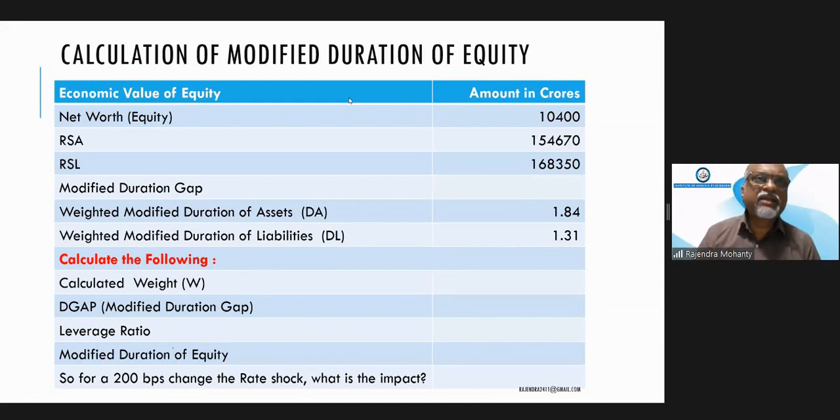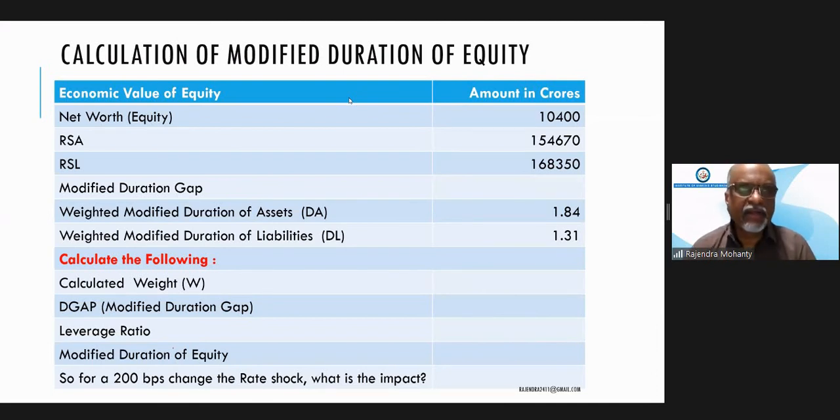The last formula is economic equity value equal to your modified duration of equity multiplied by rate of change in BPS. Or you simply multiply by your 2%. 200 BPS means 2%.